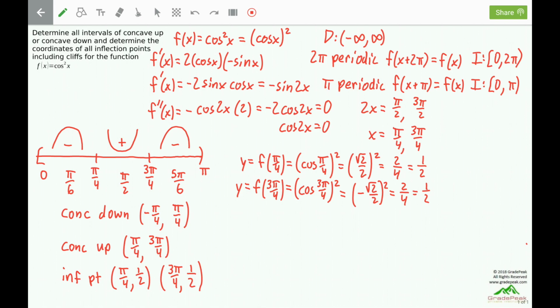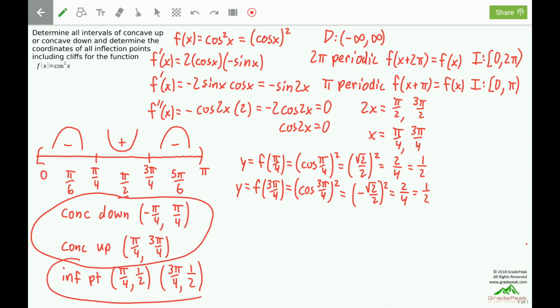We can now make use of the pi periodic nature of the sine of 2x by adding to each of the x values here pi, the period, times n, an integer. For x values, each of the values in these intervals are x values. For the inflection points, just the x-coordinates are x values. The y-coordinates came from a trig function.